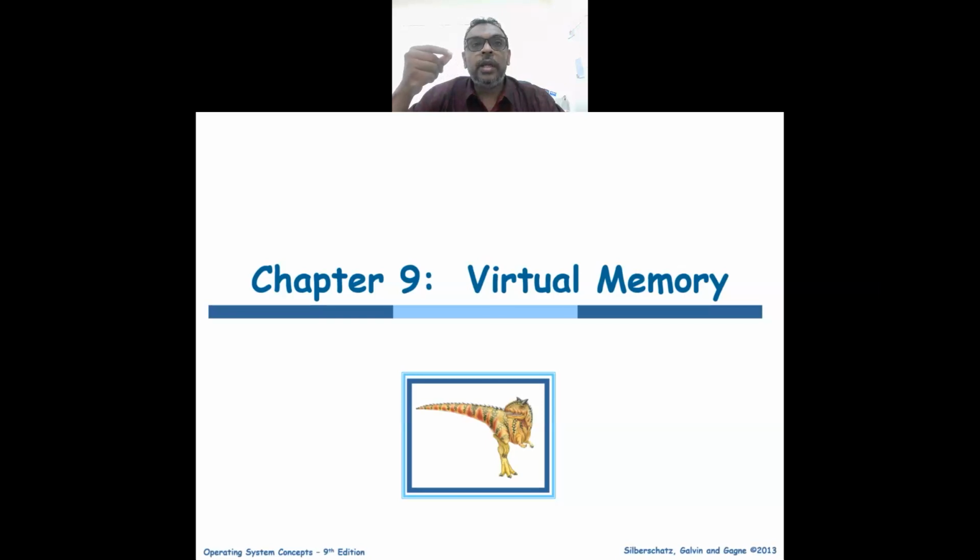So in chapter 9, we are going to understand what virtual memory is. Virtual memory is a condition whereby your RAM size, your physical memory, is full with all the processes, but more processes need to come in. So the operating system will take a portion of the hard disk and convert that into RAM.